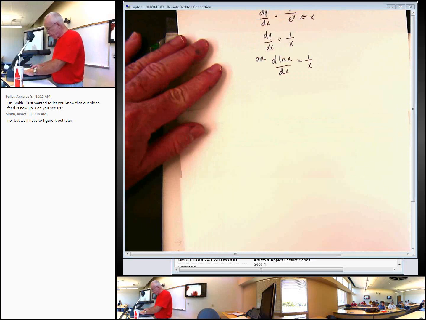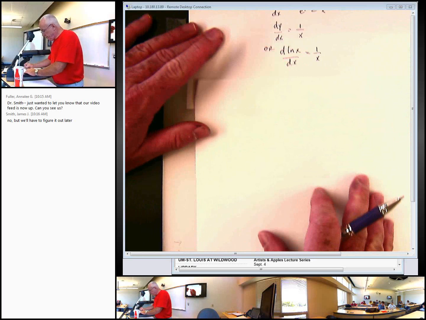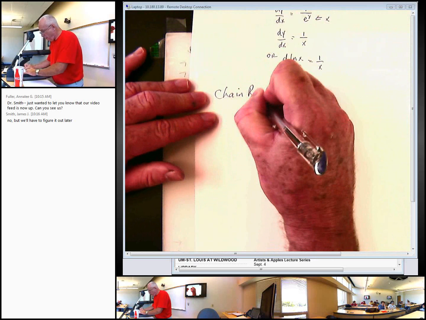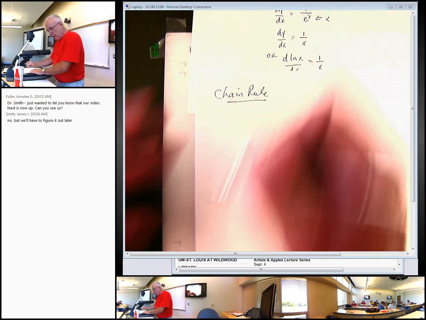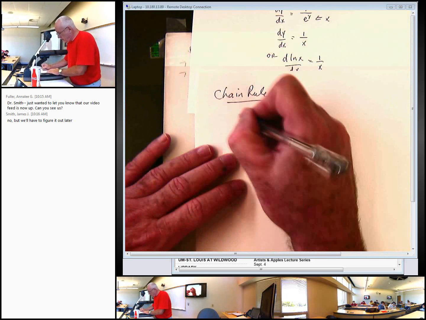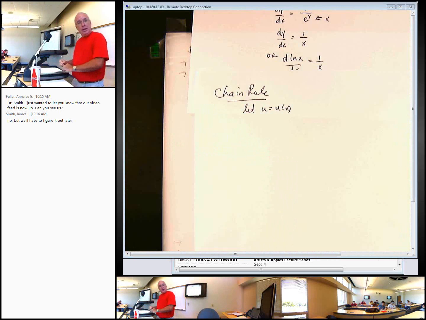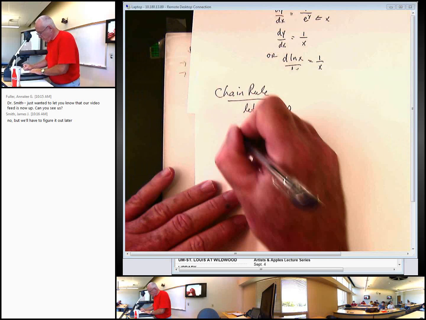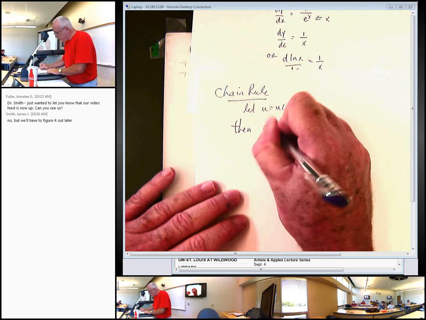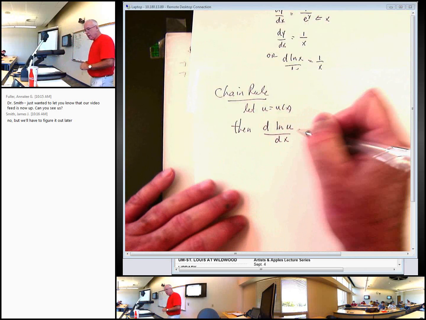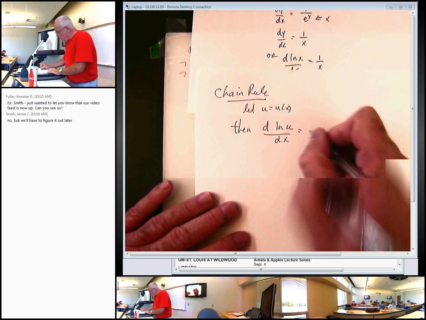So, chain rule. Let u equal some function of x, then the derivative of the natural log of u with respect to x is equal to 1 over u.